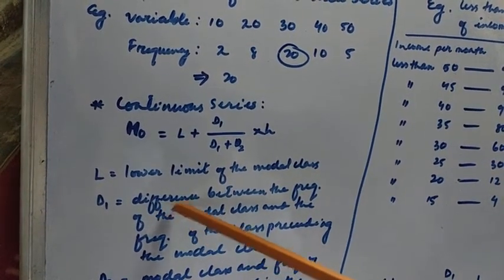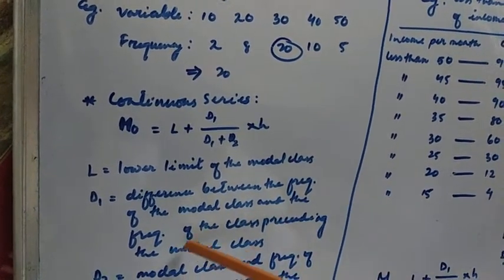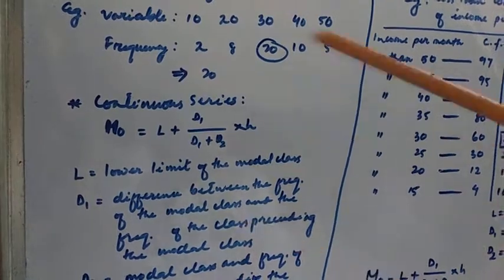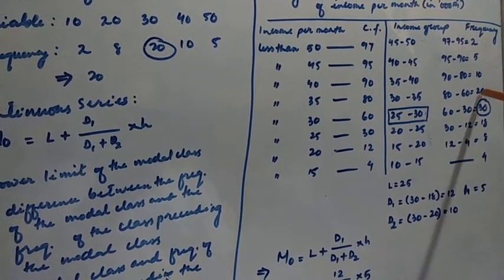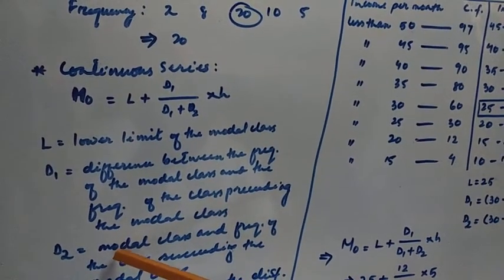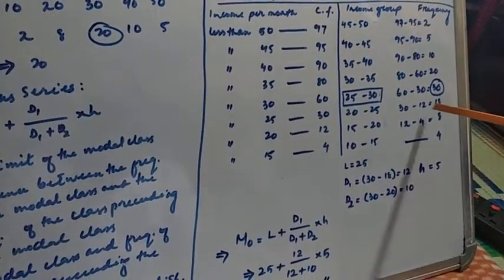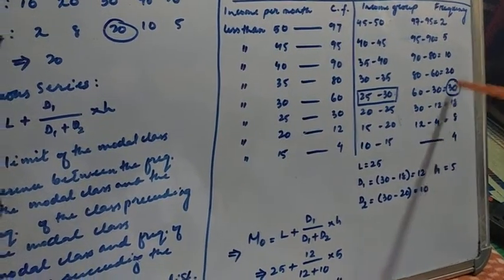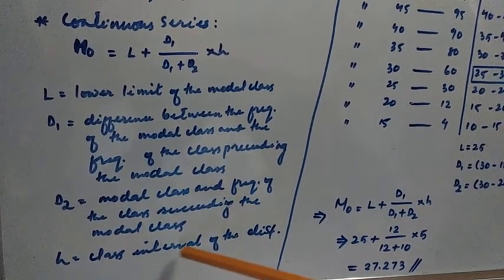D1 is the difference between the frequency of the modal class and the frequency of the class preceding the modal class. What is D2? It is the difference between the frequency of the modal class and the frequency of the class succeeding the modal class. H is the class interval.